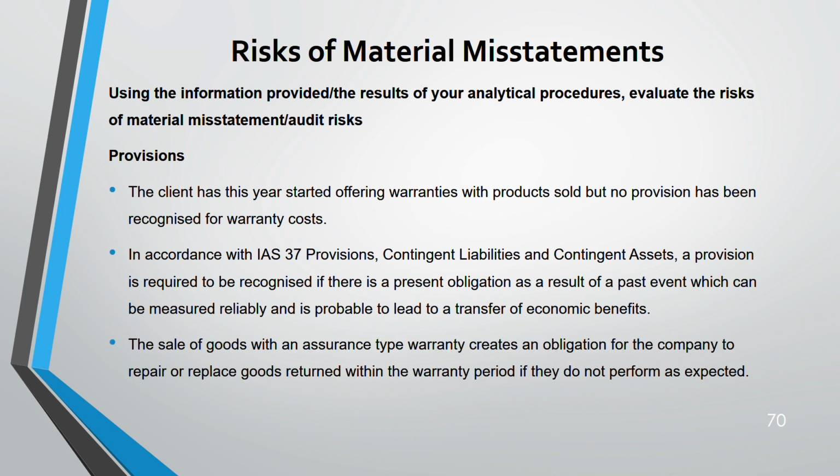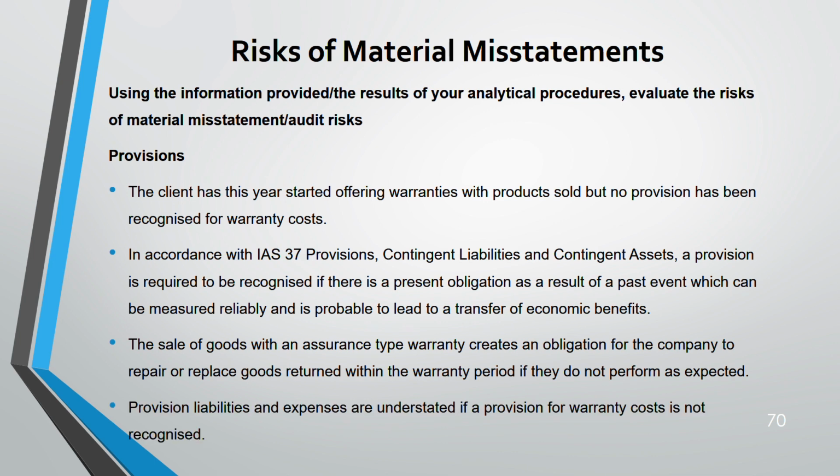So according to this case, sale of goods with an assurance type warranty creates an obligation. They have to either repair or replace the goods returned within the warranty period if they have not performed as expected. So the obligation is there. So you have to recognize the provision, liability and expenses. Because they are not recognized, they are understated.